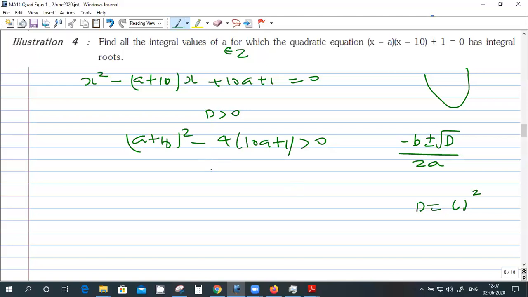A plus 10, right? So this is A square plus 20A plus 100 minus 40A minus 4 is greater than 0. So this is minus 20 and then 100, right?